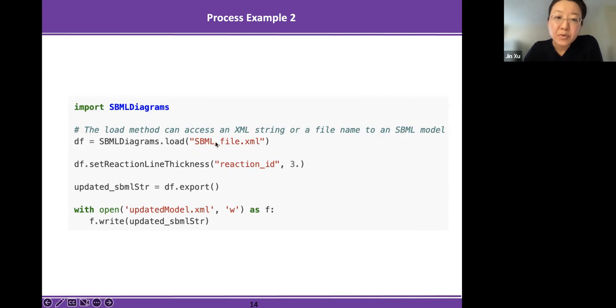For example, after you load the SBML file, you can set the direction line thickness by letting it know the direction ID and the line thickness as a float number. And you can get the updated SBML file with this render information by an export function. And then you can write this updated SBML to a new SBML file and save it.